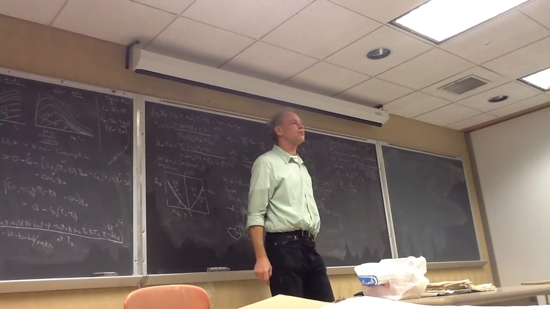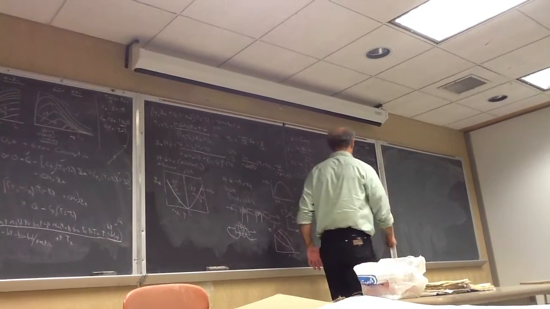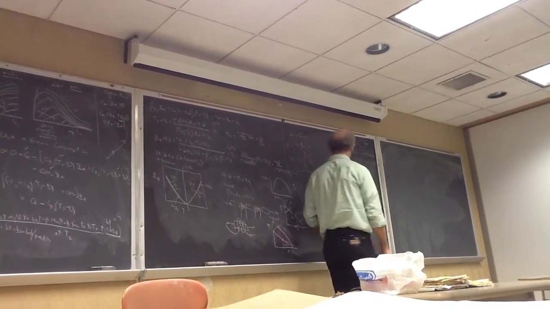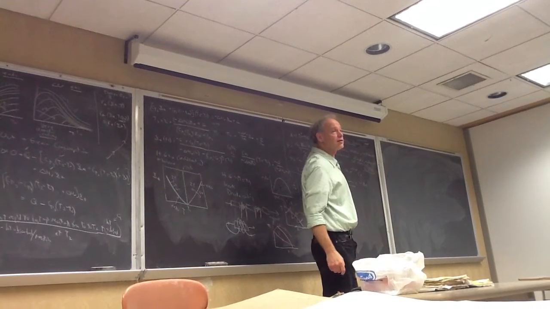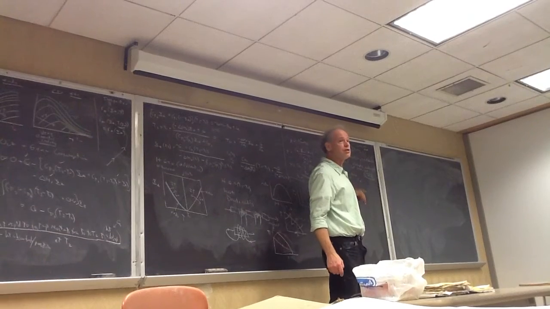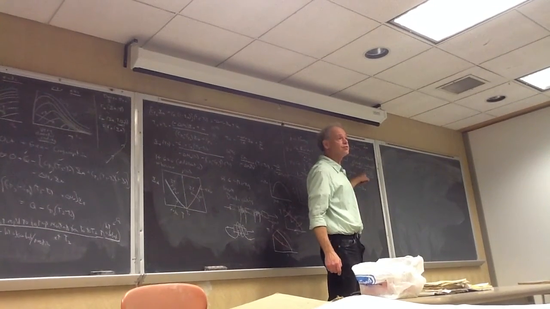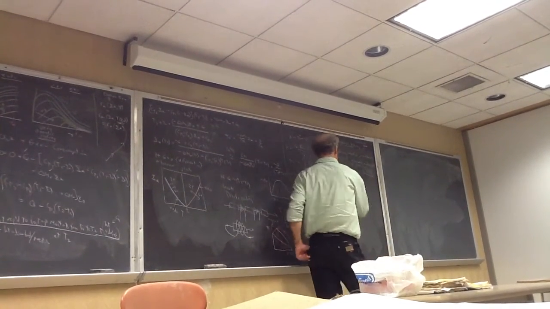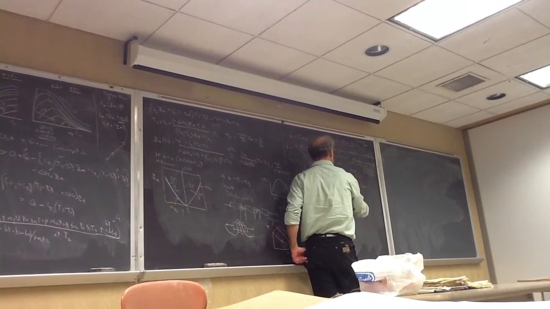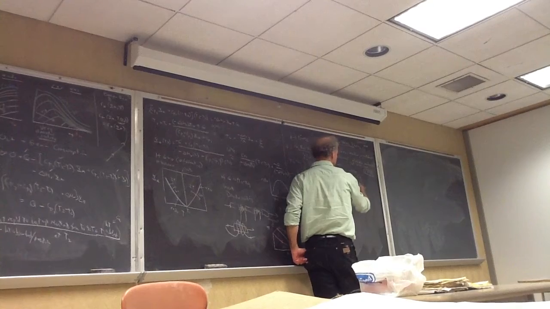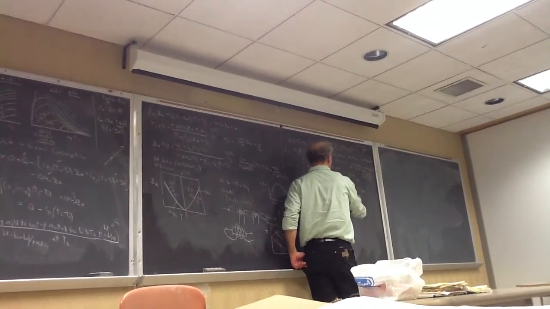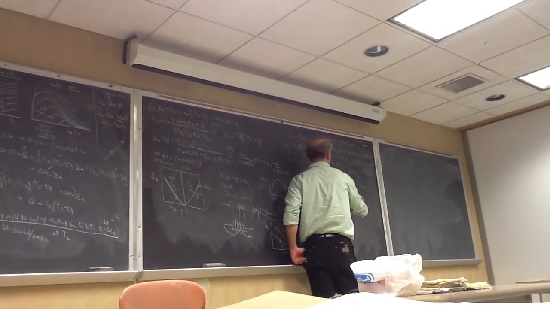CA over CA0 is 1 over 1 plus k tau, and this is equal to 1 minus XA, because for a constant density system, CA over CA0 is just 1 minus XA. CA is CA0 times 1 minus XA. So I can solve for XA. It's equal to 1 minus this. That's 1 plus k tau minus 1, which is k tau over 1 plus k tau.